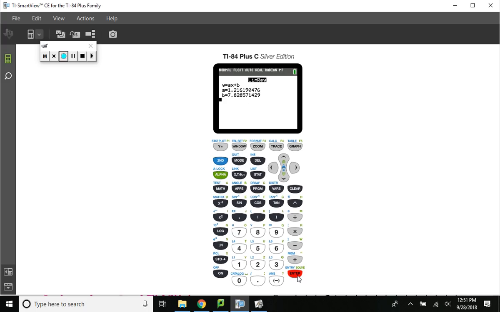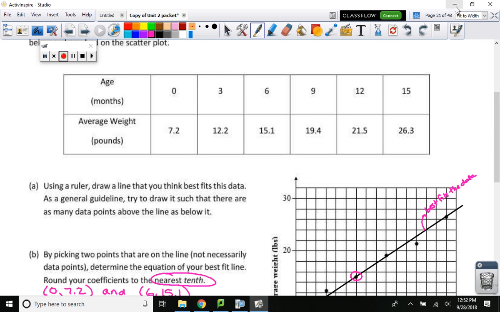And then it does the calculations for me. So there's my calculations, and it gives it to me in that y equals mx plus b form. They tell me to round to the nearest tenth, so 1.2 and 7.8 for my final equation.